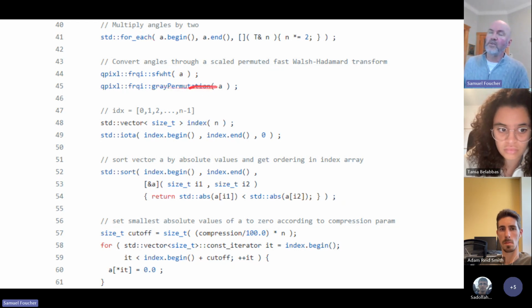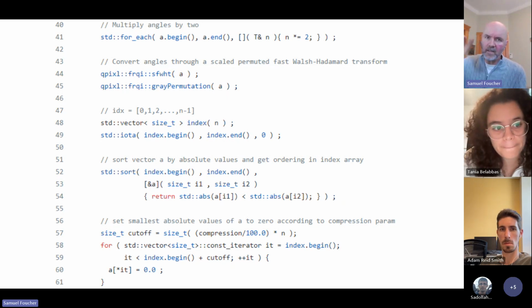And you apply the Gray permutation. I didn't explain too much the Gray permutation. It's really from the computer science side of things, but it's also a reordering of the grayscale values. So this is the pre-processing that is performed. And after they do the compression here.